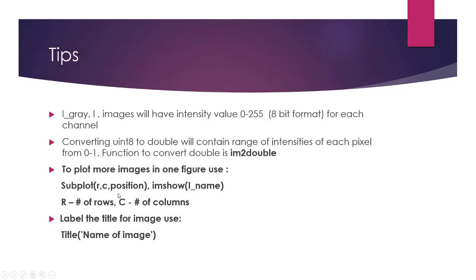So this position determines where you want to plot which image. So this is a sample code explaining how you can use this function. If you want to label an image, you can label it by title and parentheses, name of the image. Make sure you put it in single quotes.